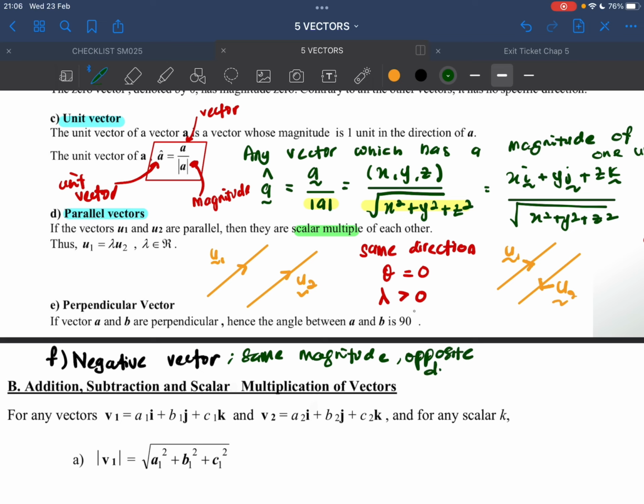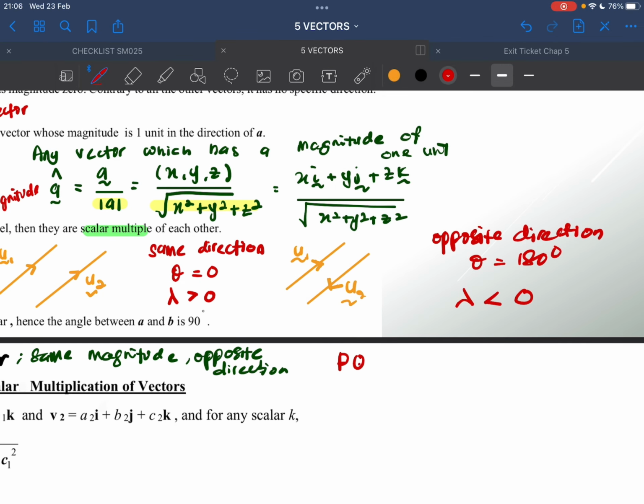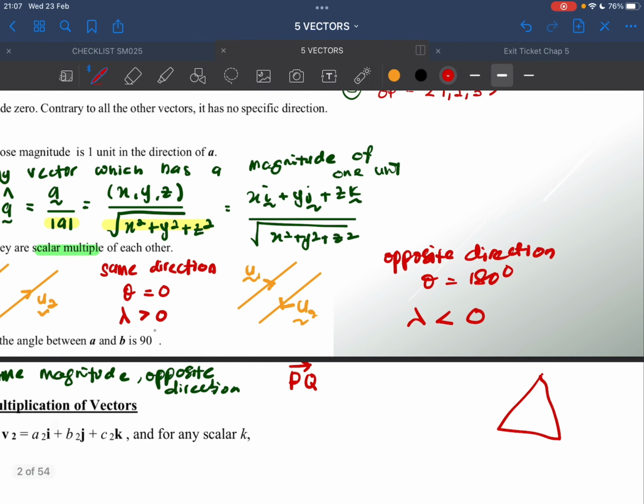Opposite direction. So let's say you have PQ, so let's draw a triangle here. We have PQ and we have the origin here. You want to find the direction vector from P to Q, so from here to here, PQ.